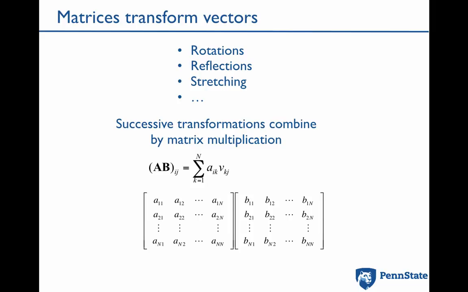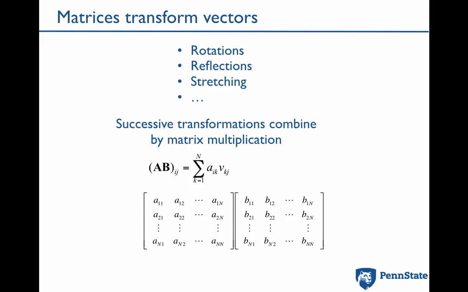Likewise, matrix multiplication has a geometric meaning whenever you're talking about vectors that have a geometric meaning. That is, for instance, there are matrices which have the effect of rotating a given vector about some point by some angle, or reflecting some vector about some plane, or stretching a vector in certain directions.